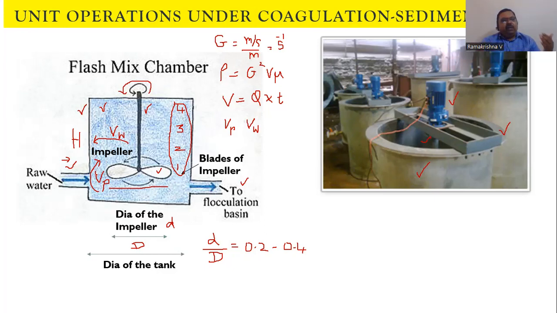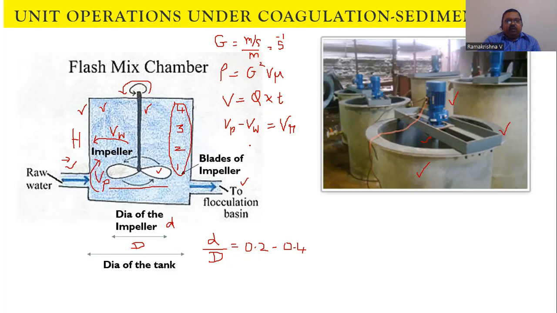So for the blade to move continuously forward, it will have an effective velocity over and above the velocity of that particular water. That's what we are calling the relative velocity, VR. It is nothing but the difference of Vp and Vw.